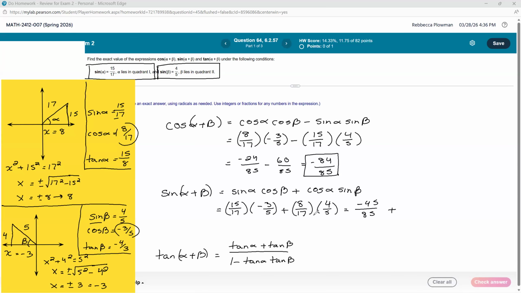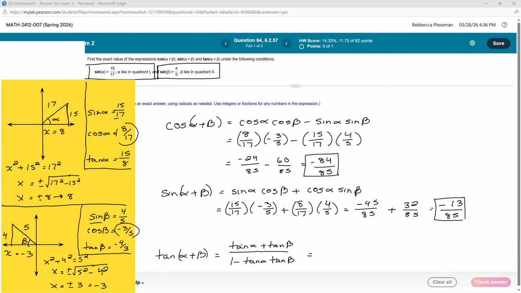And then we have 8 times 4, which is 32 over 85. So minus 45 plus 32 is minus 13 over 85.